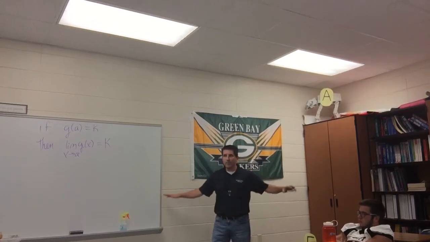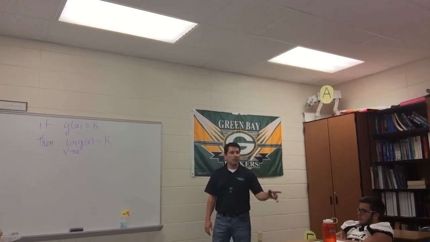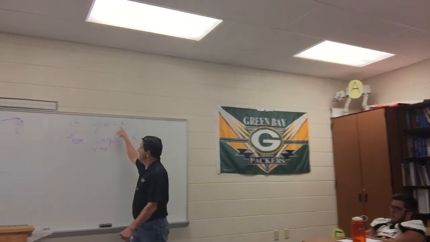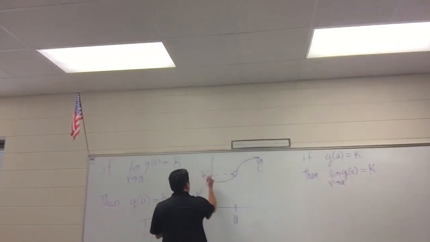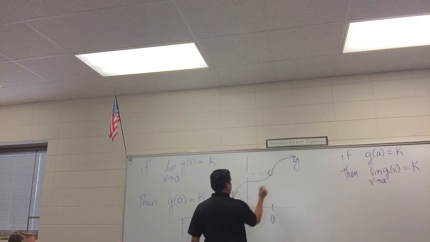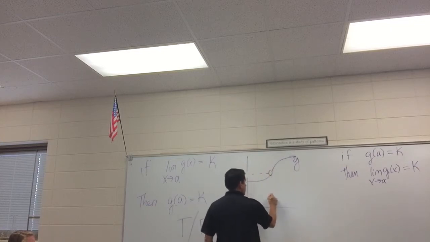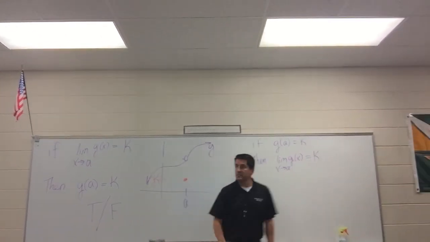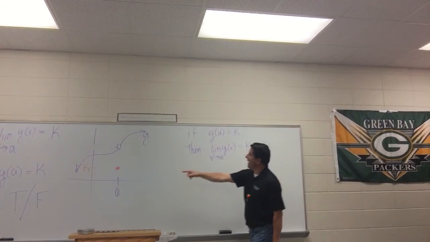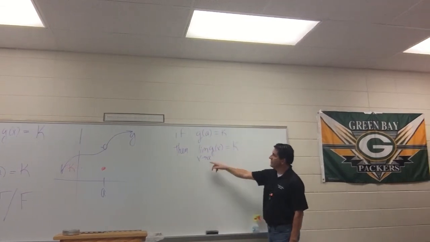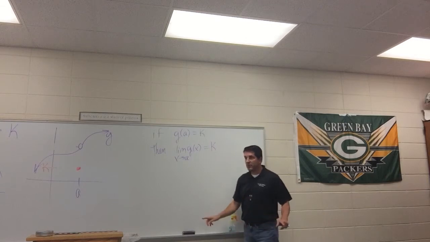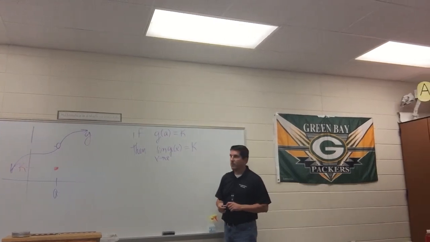And if it is, whammo, it's false. Kendra, what did you say? Okay. So if g of a is equal to k, let me move k, and then now we have this scenario. g of a is equal to k. Does that force the limit as x approaches a of g of x to be k? And the answer is no. This is a counterexample that shows that it is not true. Does that make sense?